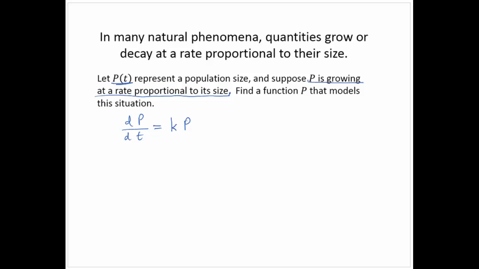So I can rewrite this equation by dividing by P, so I have 1 over P dP, and multiplying through by dt, is equal to k dt. And now I will integrate both sides.